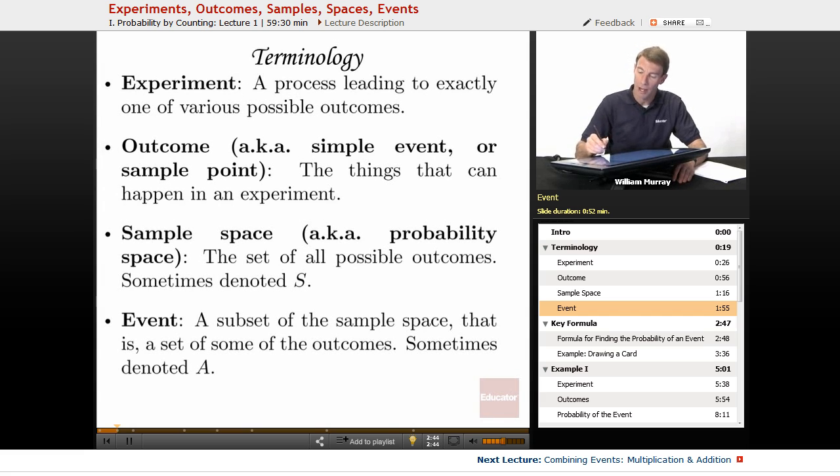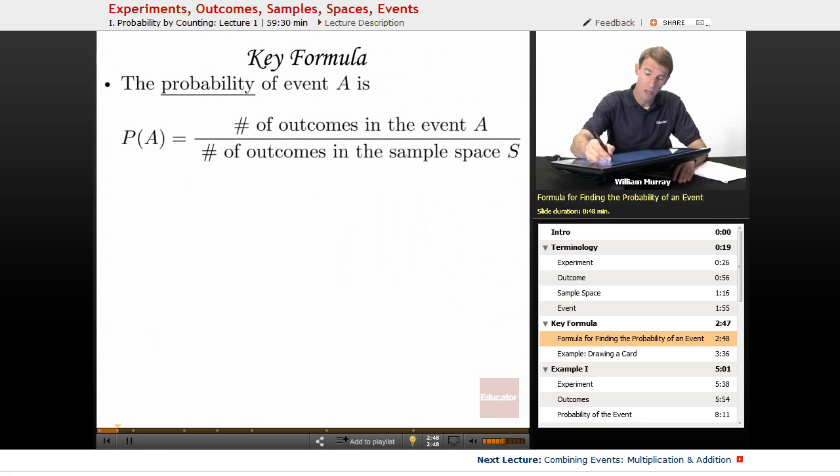So let's figure out how we compute the probabilities. The way we do that, if we have an event, is assuming that these are things that we can count and everything's nice and finite. First of all, we count the number of outcomes in the sample space S. So you count all the possible things that can happen in an experiment.